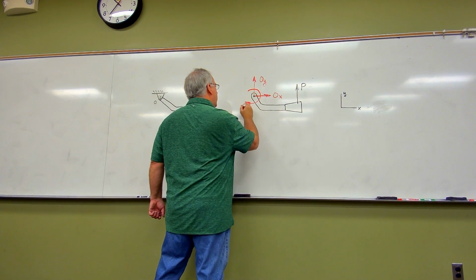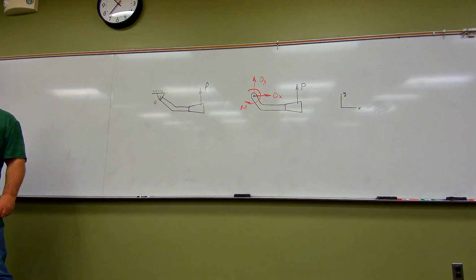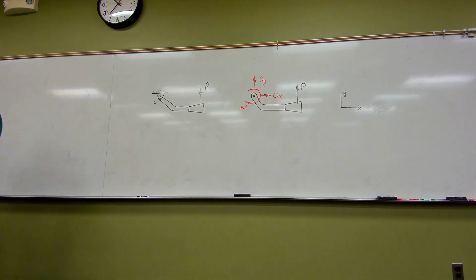And you call this, again, whatever you want to. Call it M sub O, whatever. It doesn't make a bit of difference. But there would be a moment there. Now, as is always going to be the case, we can assign directionality in an arbitrary way.